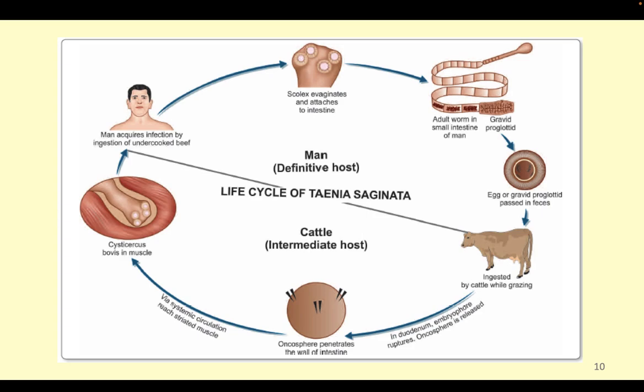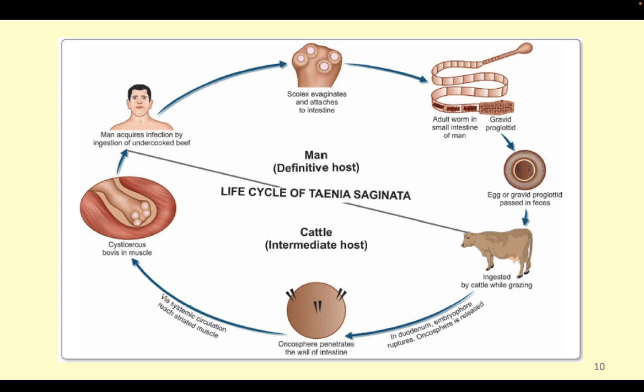Sorry, I apologize. The oncosphere is released in their duodenum, from where it will reach the striated muscles via the systemic circulation, where it will form the Cysticercus bovis larva. Now this infected beef is consumed by man to complete the life cycle.